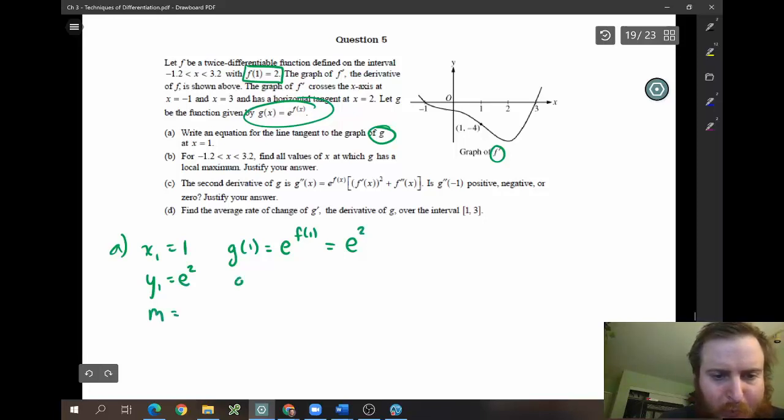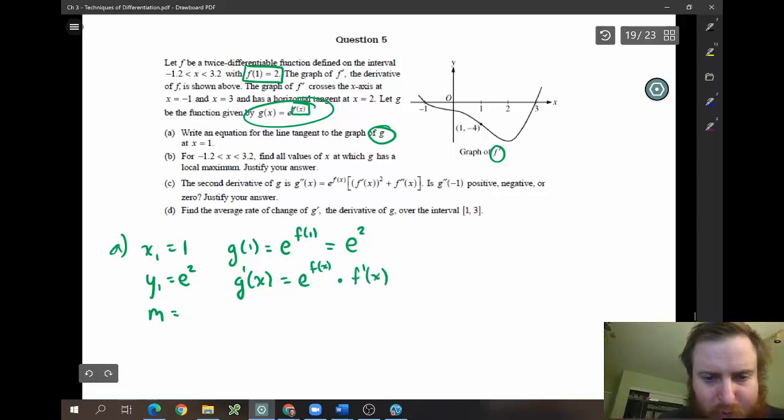Then for m, we need to first do g prime of x. So g prime of x is going to be chain rule. That's going to be e to the f of x times the derivative of the box, f prime of x. So that means m is going to be e to the f of 1 times f prime of 1.